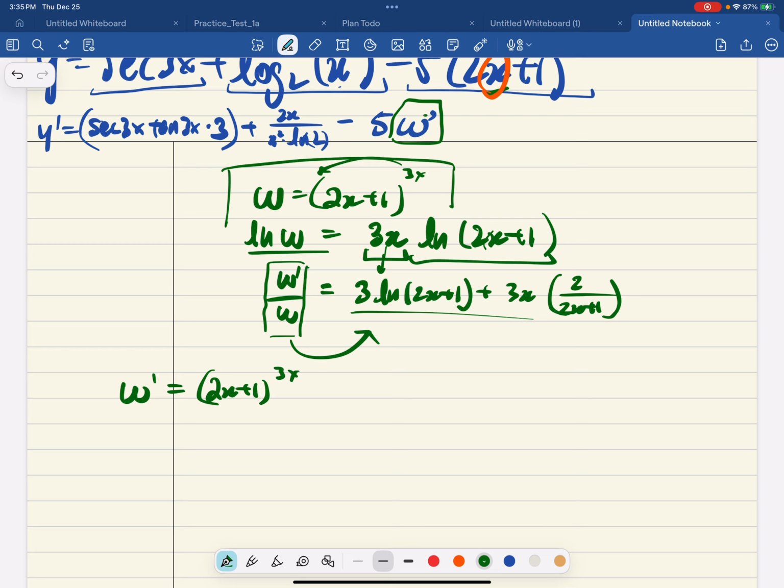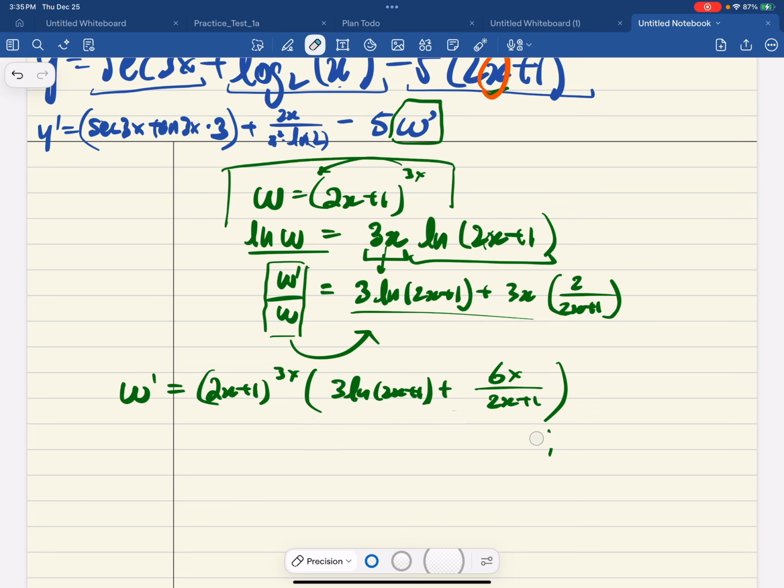So this is the w before it was primed, times, be careful with parentheses because you have to include them. That's not a t, that's a plus. And here 3x times 2 over 2x plus 1 can be simplified to 6x over 2x plus 1. I have to put the parentheses over here because there's an addition, and if you didn't put that, that is a mathematical error, and you'll lose points for that.